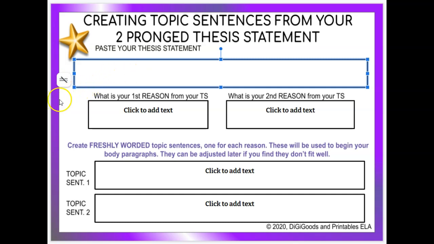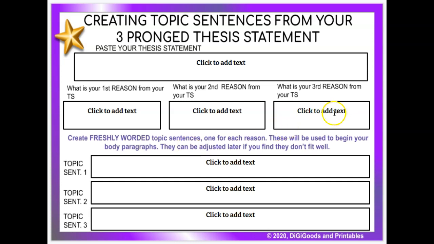Second, you're going to draw your 2 reasons out of your thesis statement and just list them here in these 2 boxes. What is the first reason from your thesis statement? And what is the second reason from your thesis statement? Of course, if you have a 3-pronged thesis statement, you'll add your 3rd reason in.